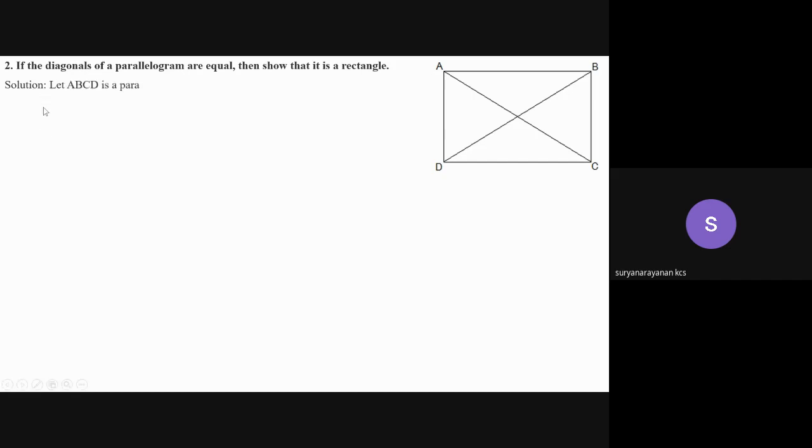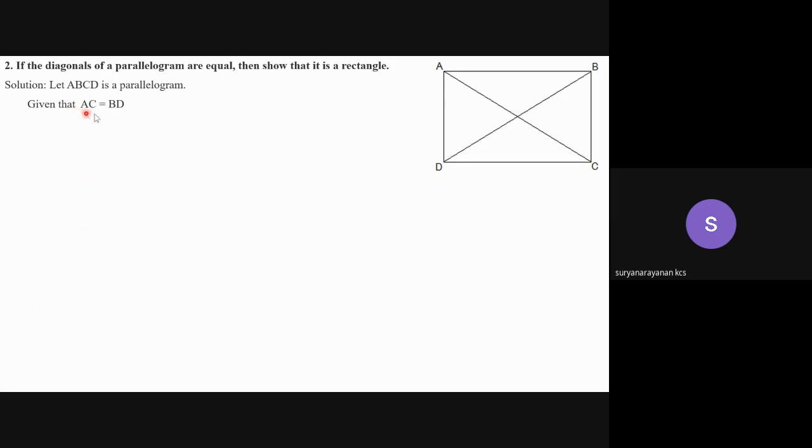First of all, we have taken a parallelogram ABCD. What is the condition given here? Diagonals of this parallelogram are equal. Yes or no? That is given to us. We have to read the question carefully and understand it well.